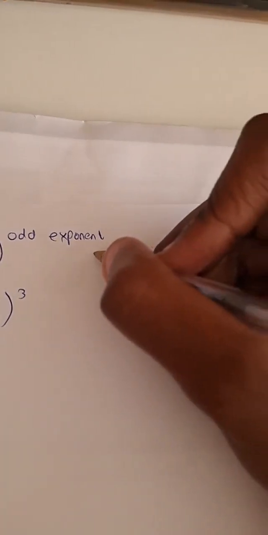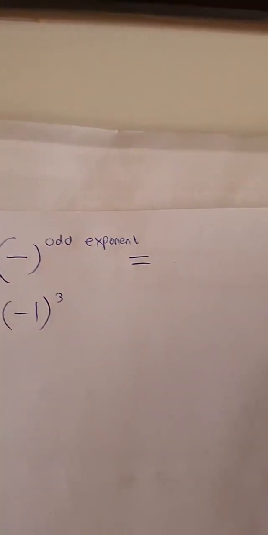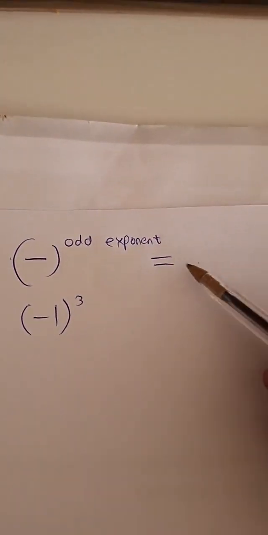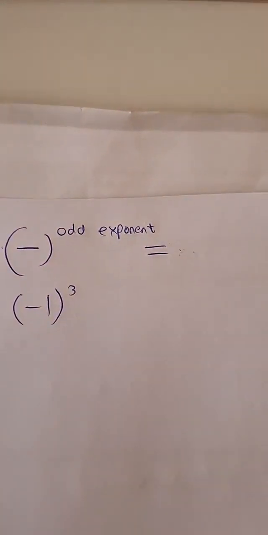A negative sign raised to an odd exponent. So for example, -1 raised to the power. If a negative sign is raised to an odd exponent, what is the outcome? What sign do we get as an answer?